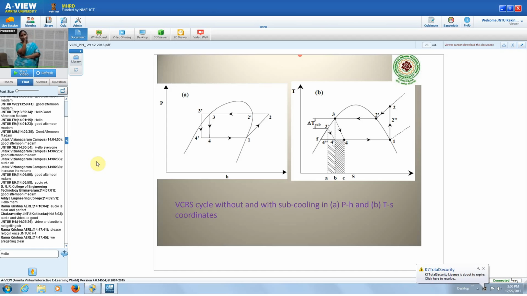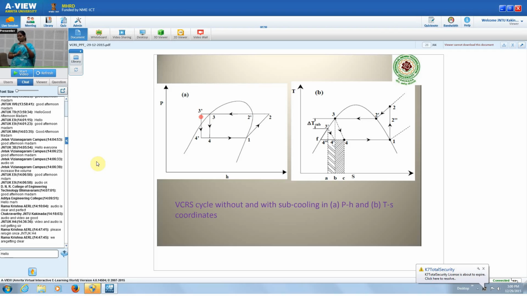When 3 is reduced to 3 dash, the heat is rejected in the condenser such that the refrigerant comes to 3 dash. That temperature is still lower than the actual condenser temperature, that is T3. In that case, it is called subcooling of the refrigerant.